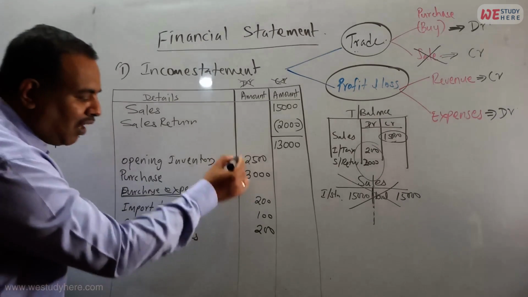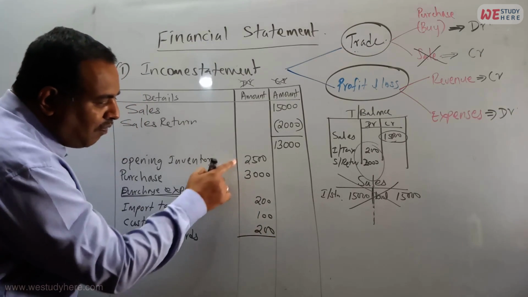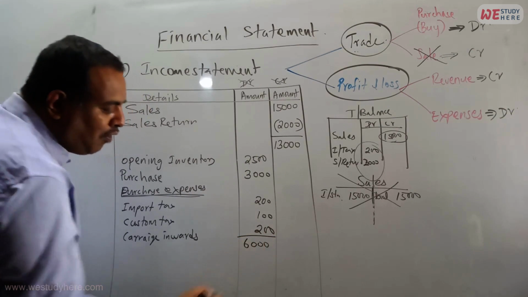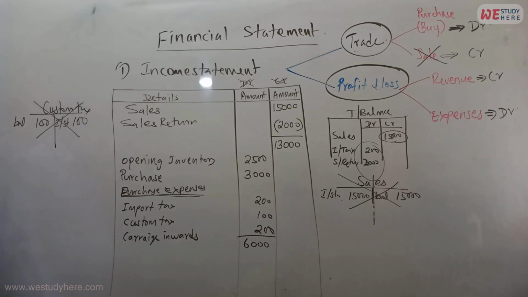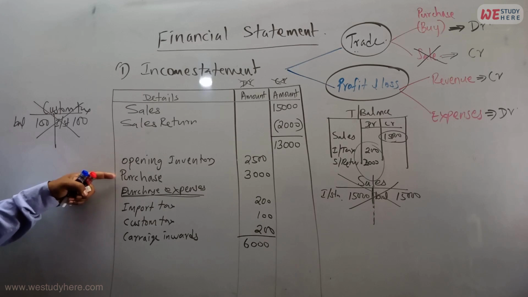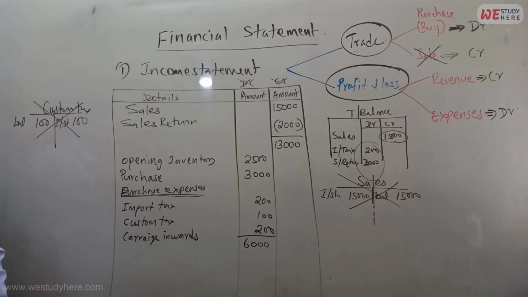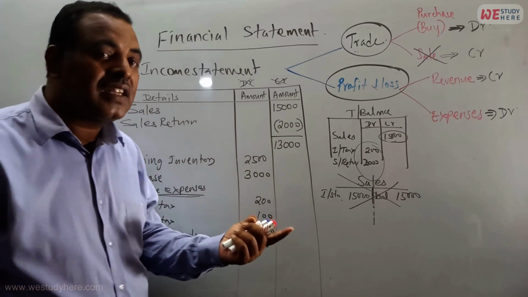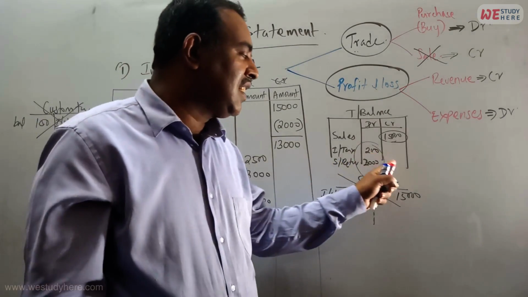Now what we'll do, if we have more, we can take it now. We can total now: 5,500, 6,000 total. Now out of this, sometimes we purchase goods, and sometimes we might return them. Purchase return. Purchase return is always which balance? It is a credit balance.